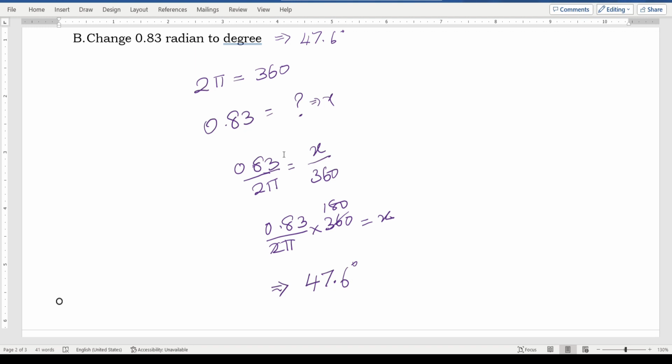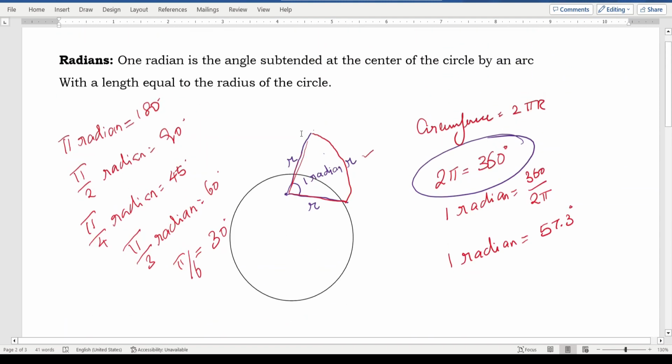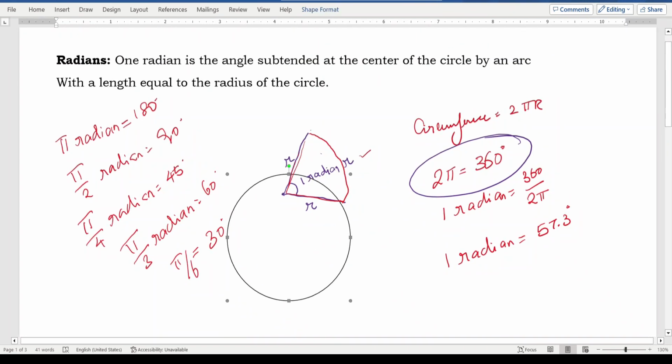So in other words, radian is a measure of angles. What is radian? Take an arc with a distance equal to the radius.